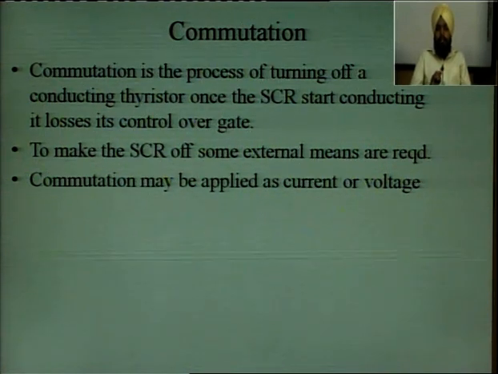The process of turning off the conducting thyristor is called commutation. Once the SCR starts conducting, it loses its control over the gate. To make the SCR off, some external means are required. Commutation may be applied as current or voltage.